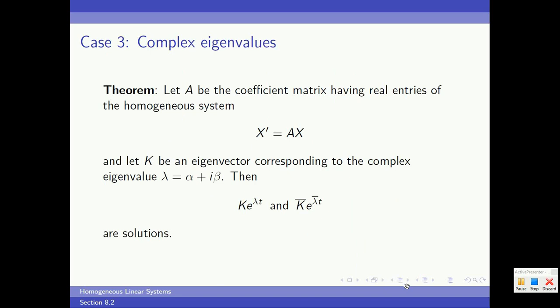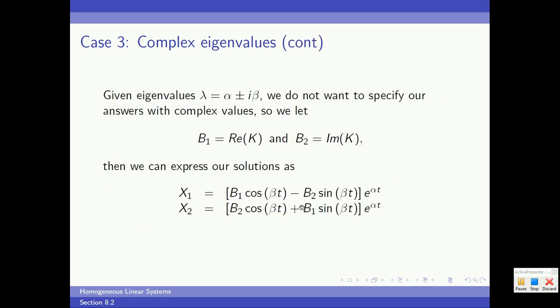Okay, last one. Complex eigenvalues. So with complex eigenvalues, you're going to have lambda is equal to alpha plus or minus i beta. So let's just assume we just consider one of those. You're going to have alpha plus i beta, and you have its conjugate. So technically you would have these 2 solutions, but we don't like working with complex numbers in our solution.